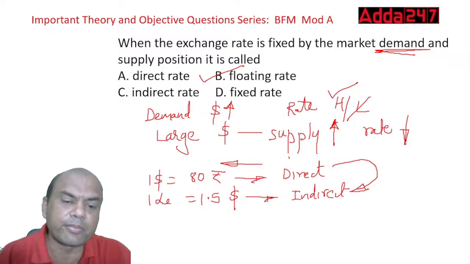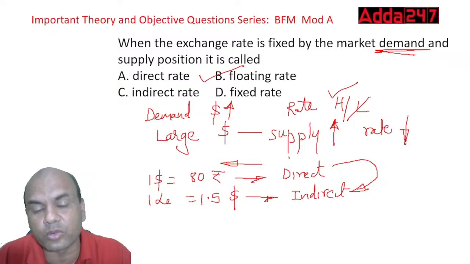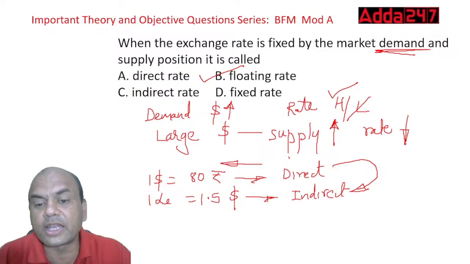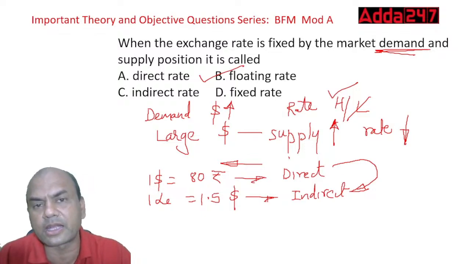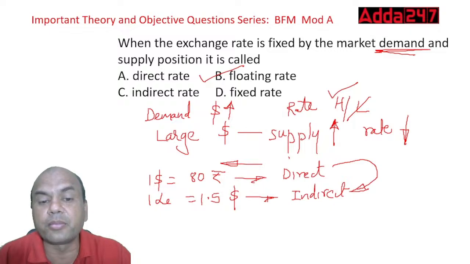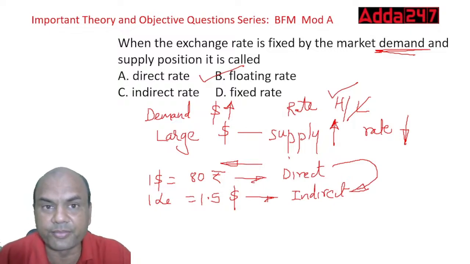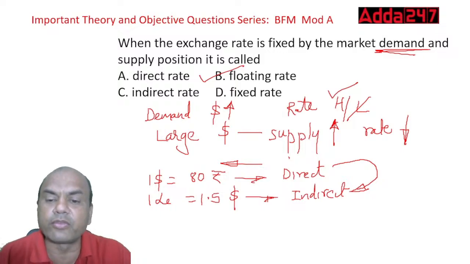Because if the pound is not growing, if the country is not growing, will this indirect rate remain? No. The US will say, forget this, make this pound also a direct rate. And in coming years, if we grow with such a speed, there will be a time when our direct rate will be converted to indirect rate.